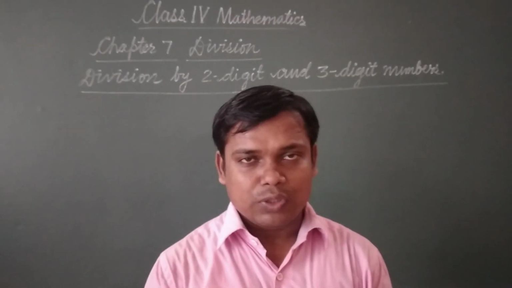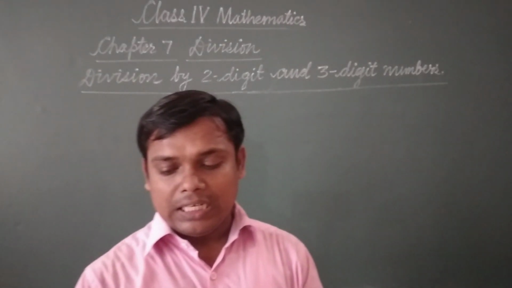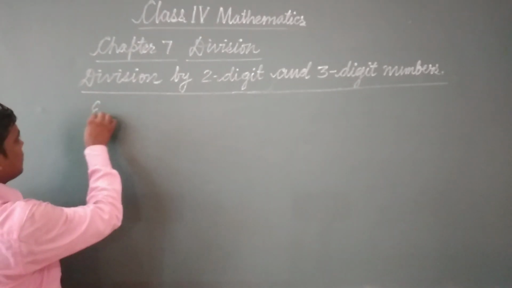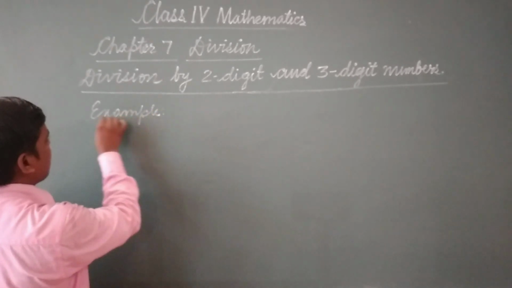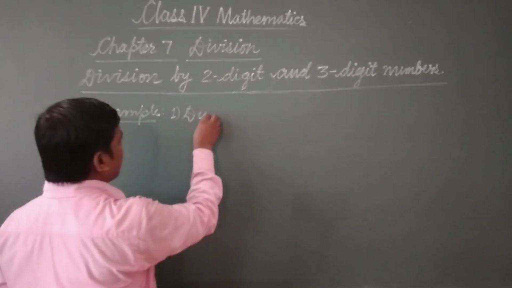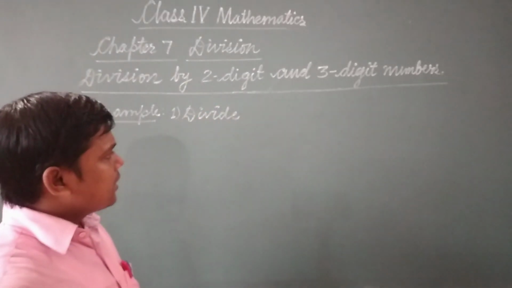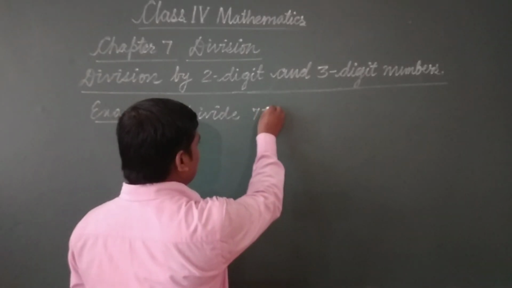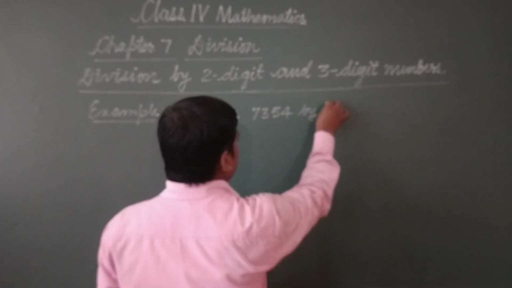Example number 1 I am going to take. It is divide 7354 by 12.